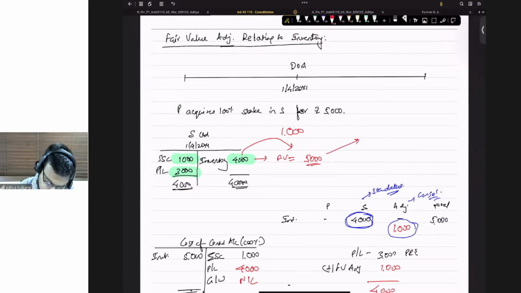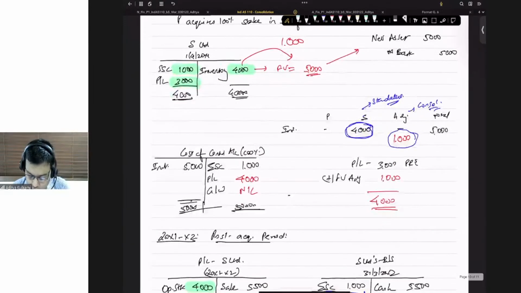So ideally, if I have to follow the business combination approach, the entry would be net assets debit 5,000 to bank 5,000. There won't be any goodwill or capital reserve. So therefore, the same impact should follow in Ind AS 110 also. That is the cost of control.